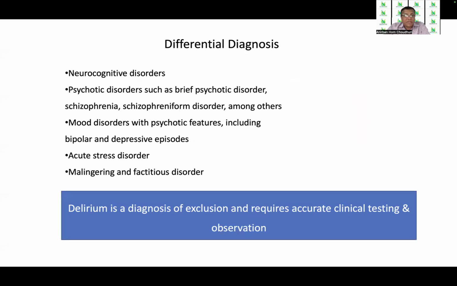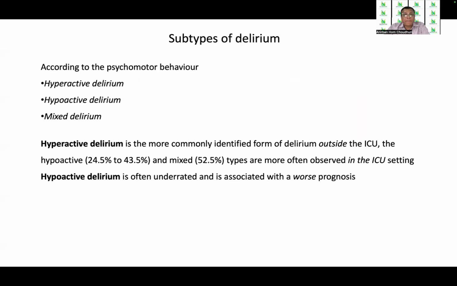You have to remember that delirium is a diagnosis of exclusion and it requires accurate clinical testing and observation. So the greater the accuracy, the greater the chances of correct diagnosis of delirium.